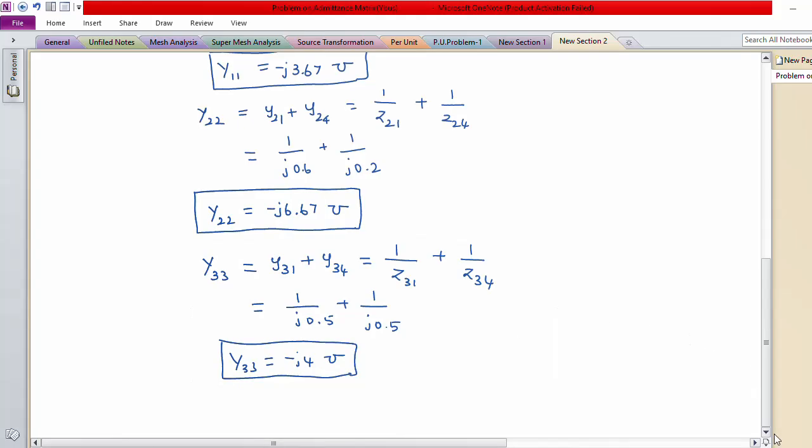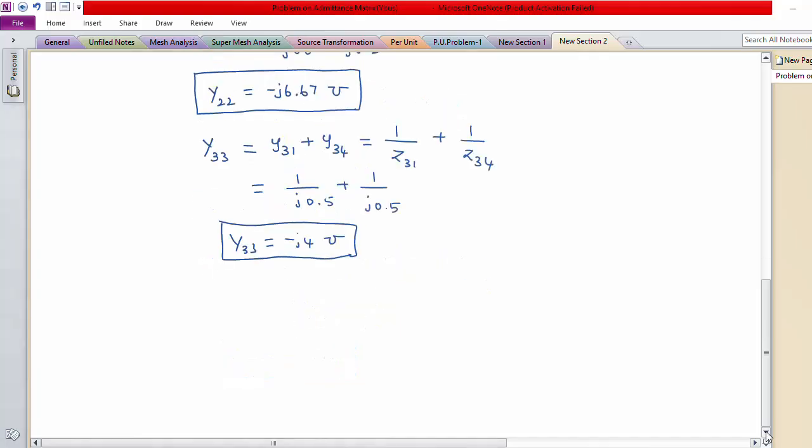Similarly, we have to solve for Y44. The number of lines connected at bus number 4: there are two lines connected at bus number 4, that is line 4 to 3 and 4 to 2. So Y44 is Y43 plus Y42, that is equal to 1 by Z42 plus 1 by Z43.